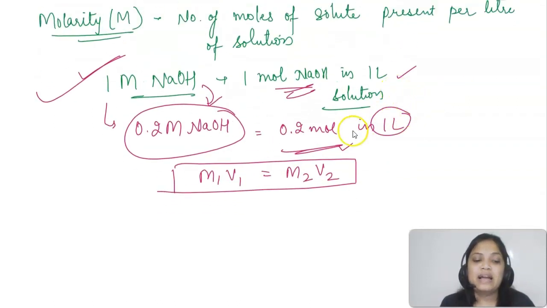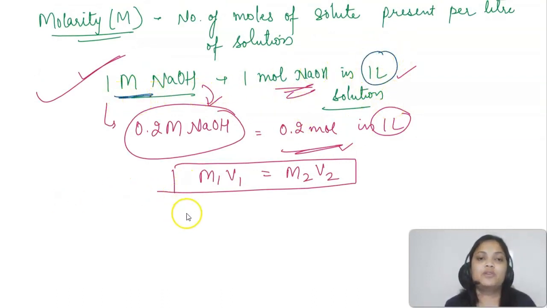Now I am having this 1 liter of 1 molar NaOH. How much volume should I take of this solution so that I can get 0.2 molar NaOH? Okay, so M2 is 0.2. I want to prepare 0.2 molar NaOH, and how much volume I want to prepare? 1 liter.